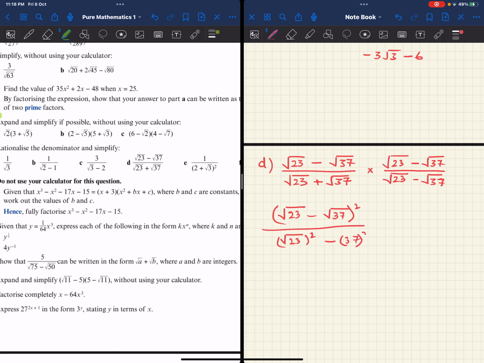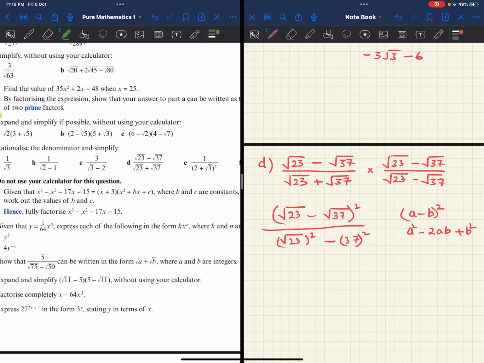So let's work out the numerator. The numerator is in the form of a minus b the whole squared, which expands to give us a squared minus 2 multiplied by a multiplied by b, plus b squared. So that is the expansion of the numerator. So let's expand.